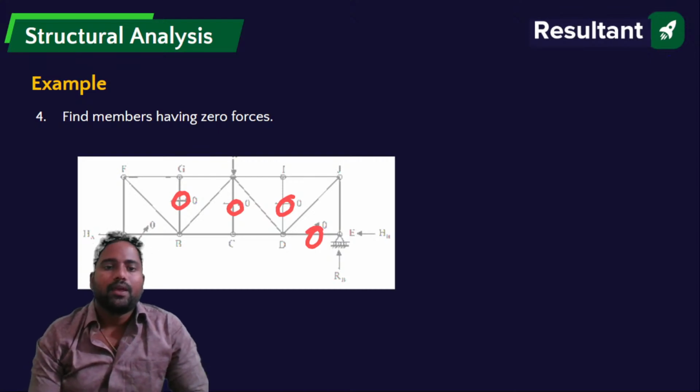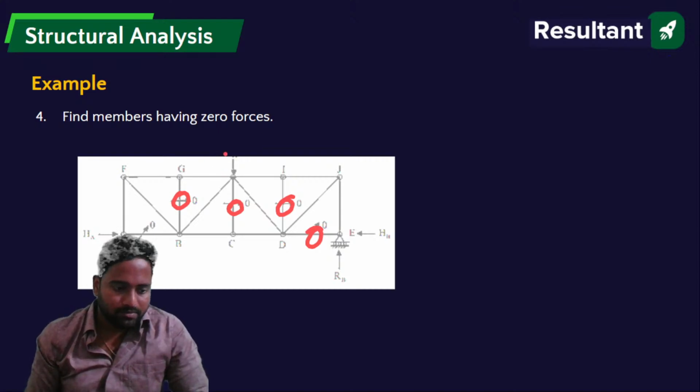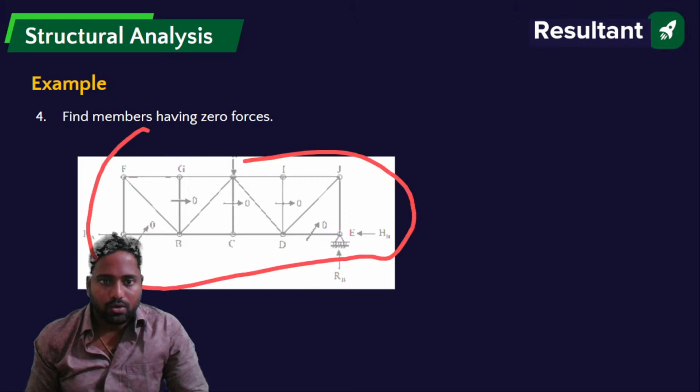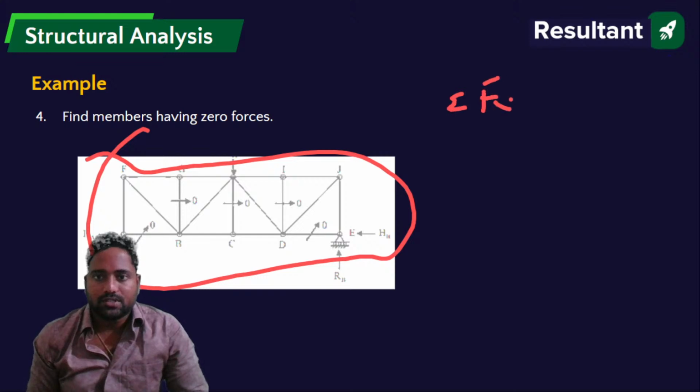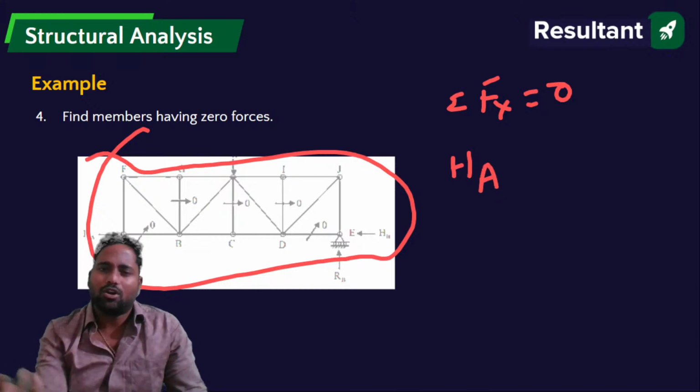Now, if I consider the whole truss and take summation of forces in x direction equals to 0, there will be HA. There will not be any HE, and there is no horizontal force here, only vertical force.